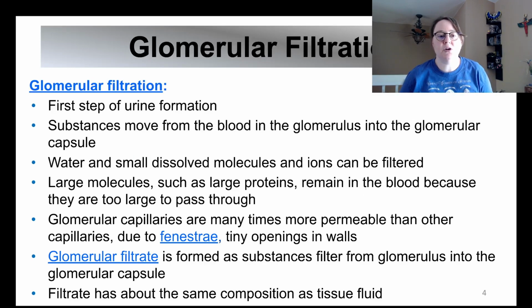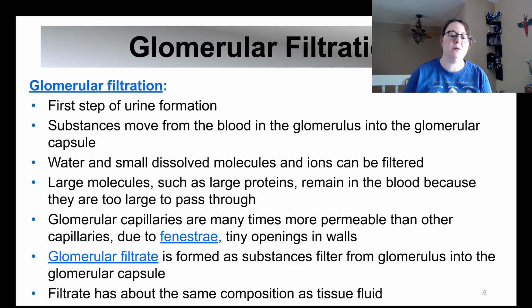So anyway, glomerular filtration. It's the first step of urine formation, and substances move from the blood in the glomerulus into the glomerular capsule. Water and dissolved molecules and ions can be filtered through, as we saw with looking at the pore slits and all those fun things, and how I kind of gushed about how cool it looks. So, large molecules such as proteins remain in the blood because they're too large to pass through.